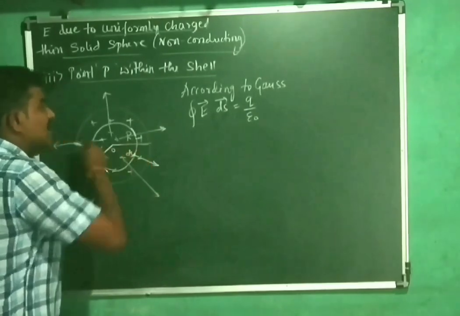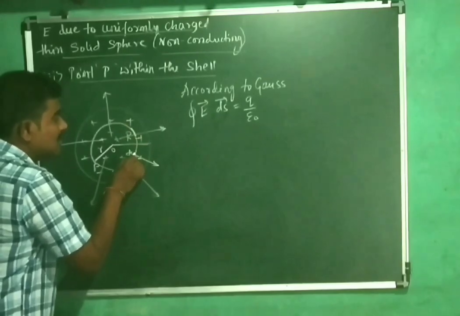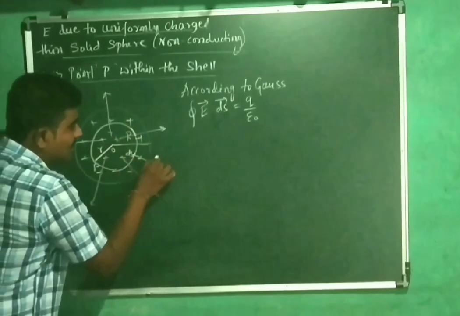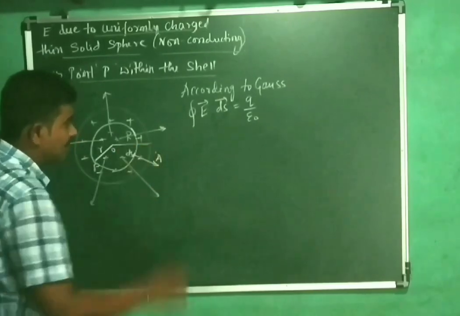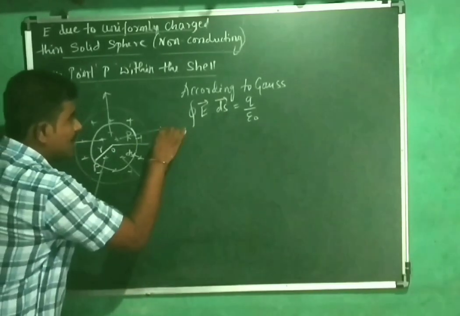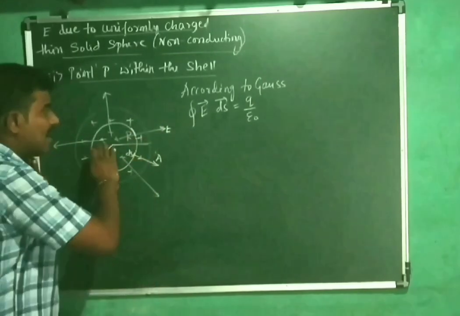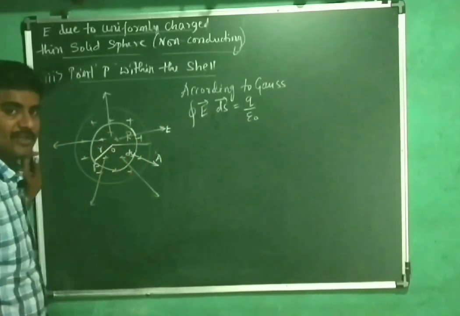Therefore electric field and area vector both are in the same line, perpendicular to the Gaussian surface.